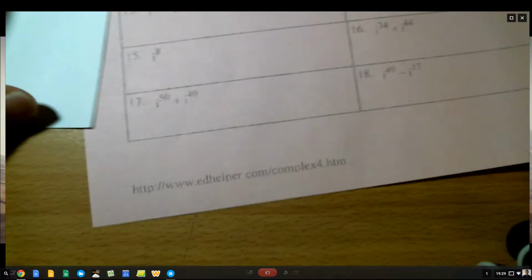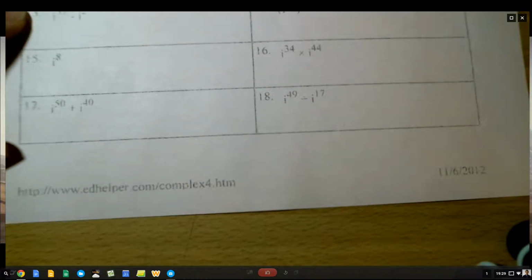Number 16. We have i to the 34 times i to the 44. Okay, so let's take a look at that. Number 16. So we have i to the 34 times i to the 44.